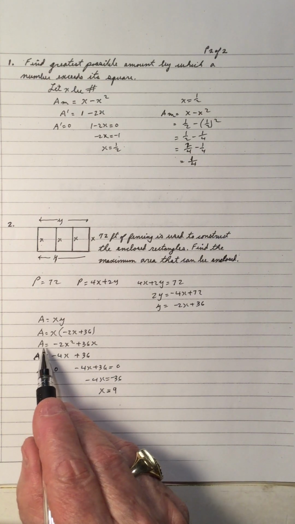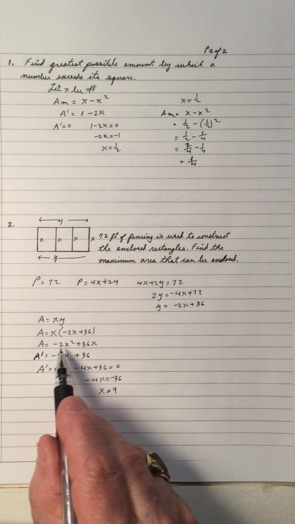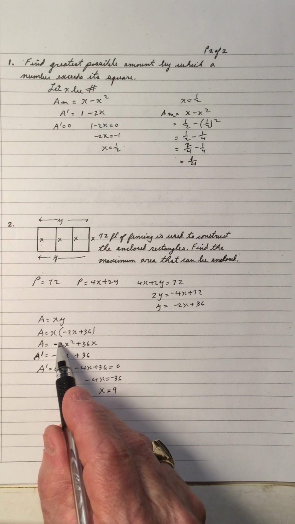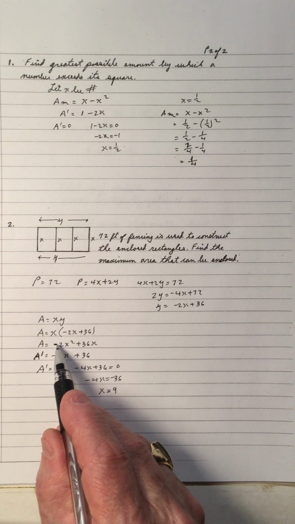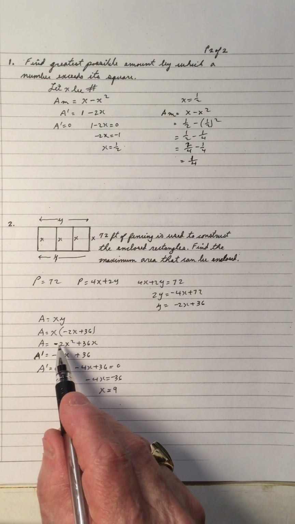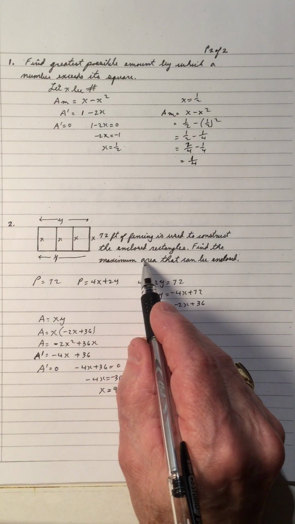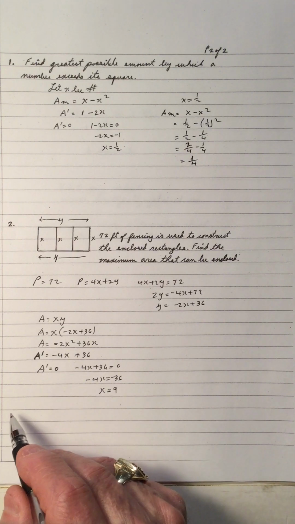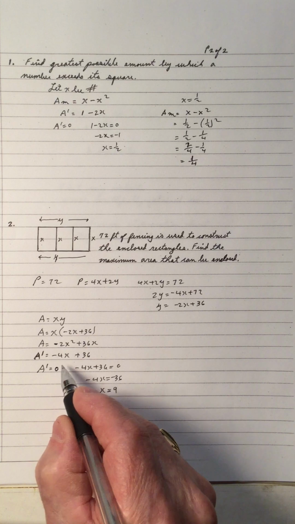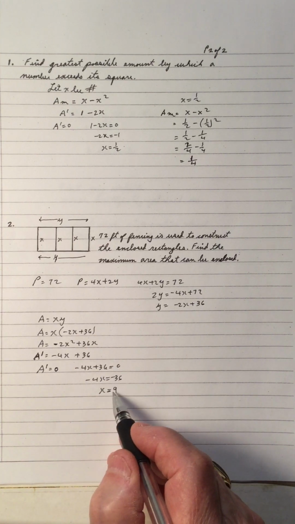Notice that the area as a function of x is like a parabola. Because we have negative 2, a negative here, this area acts as a maximum value, and it has a maximum area here because this is negative. The derivative is the slope of the tangent, so the slope of the tangent is 0 at a value of 9.